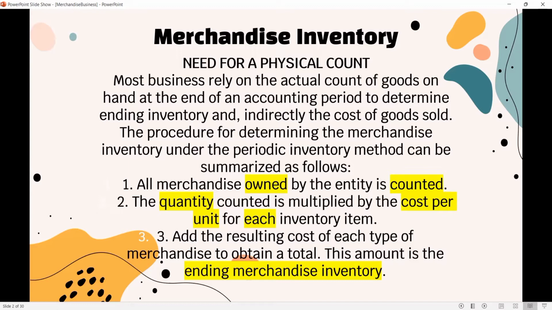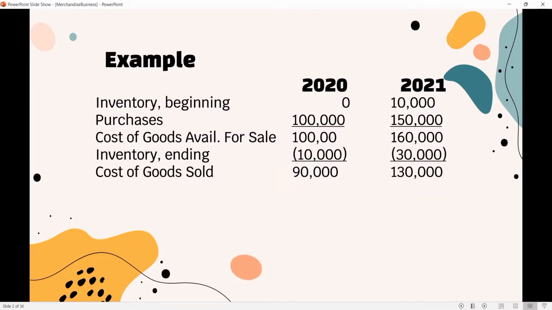Halimbawa, sa supermarket, ang mga nakalagay doon, mga soaps, mga sabon, mga juices. Lahat ng yun, i-add nyo para makuha nyo ang ending merchandise inventory. Next slide, please.